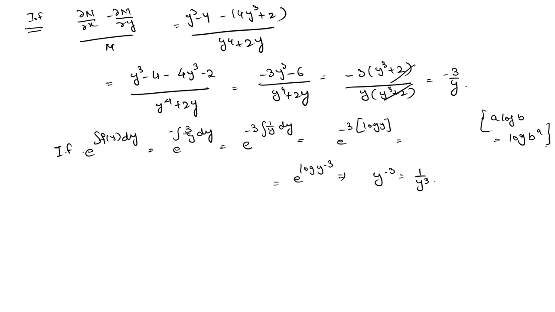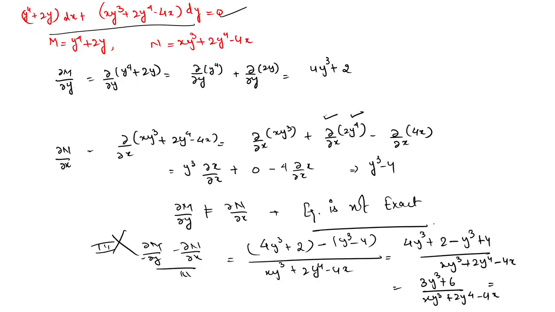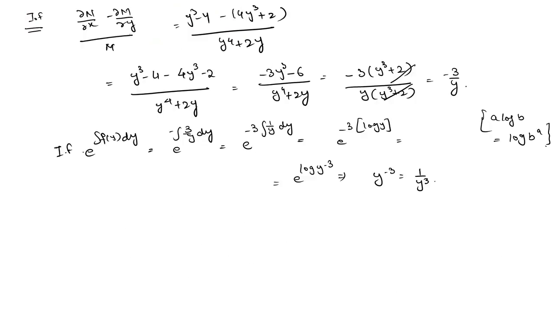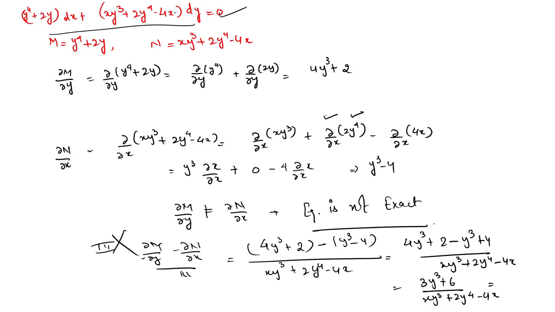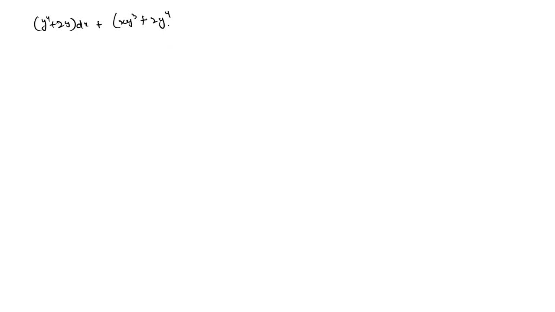So this is our integrating factor. After finding the integrating factor, what we have to do, we will multiply this integrating factor with our equation. So the equation will be (y⁴ plus 2y) dx plus (xy cube plus 2y⁴ minus 4x) dy is equal to 0.